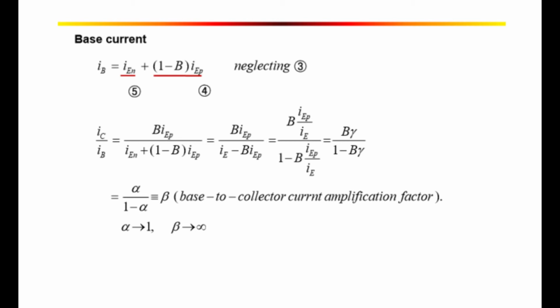We have discussed the contribution of the base in the collector current, but it remains to be shown that the collector current can be controlled by variation in the small current, that is, the small base current.